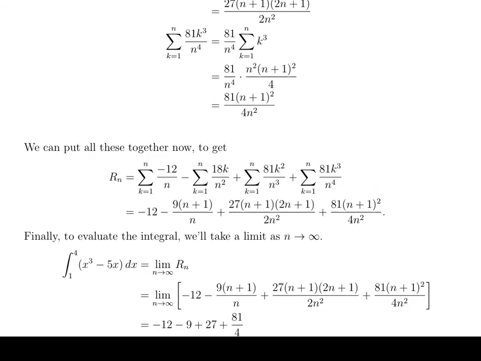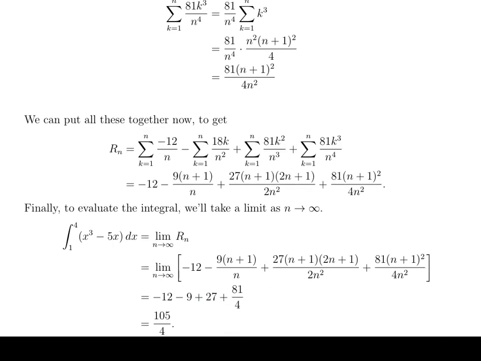We just end up with negative 12 minus 9 plus 27 plus 81 over 4. Keep in mind, on this piece, the highest order term in the top is 54n squared, and then we have a 2n squared in the bottom, so that's how we end up with 27. And if we work that out, then we get our final answer, which is 105 over 4.